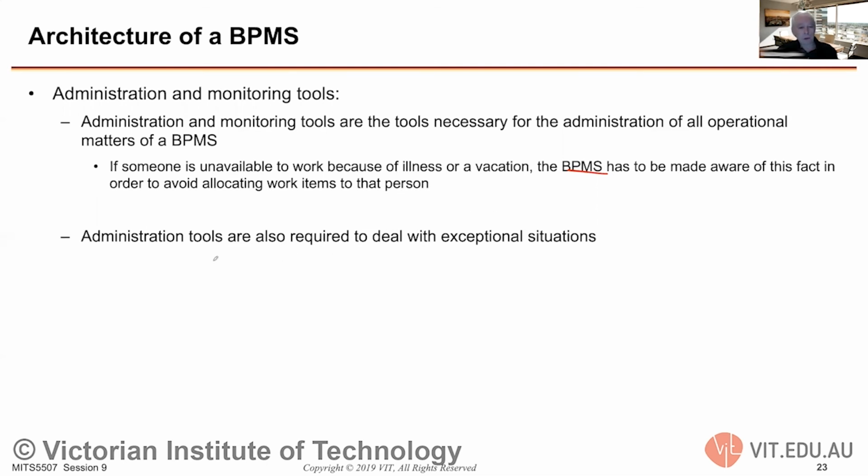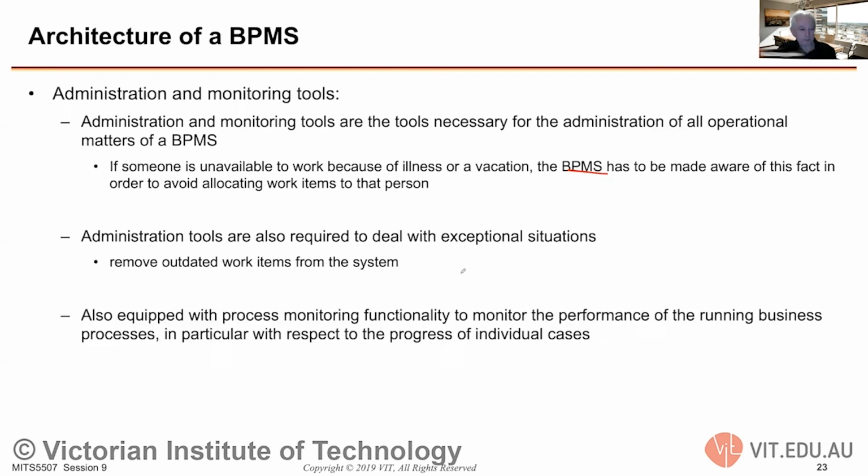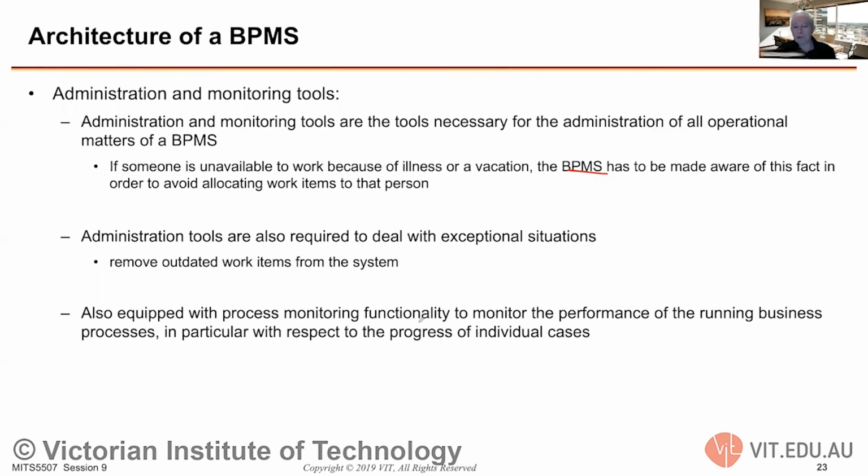The administration tool also helps to deal with exceptional situations. You might have an outdated work item, so maybe a work item enters the system and it's been in the system for 2 weeks. That would be classed as an exceptional situation, and it might remove that outdated work item from the system. It might also be equipped with process monitoring functionality.